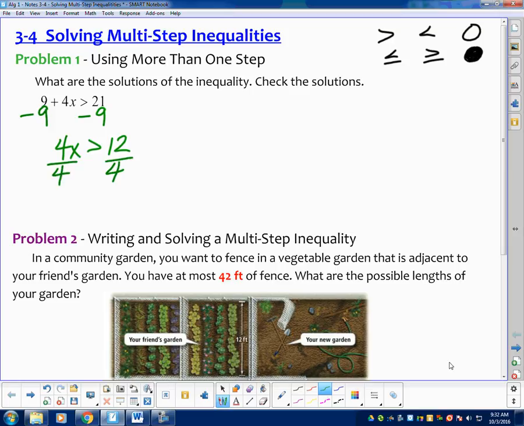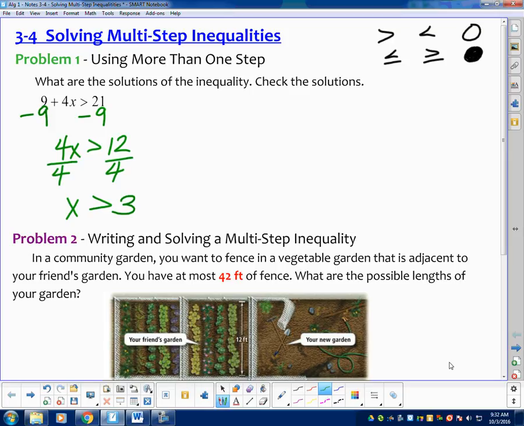Does my inequality flip at all in this case? No, because the number that I'm dividing by is not negative, so it stays greater than 3. Okay? Somebody give me a number greater than 3 that we can plug in. 6.